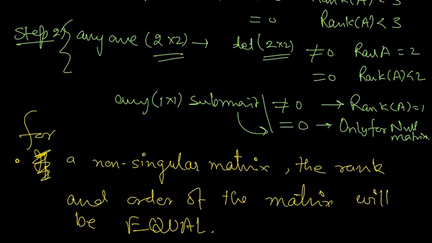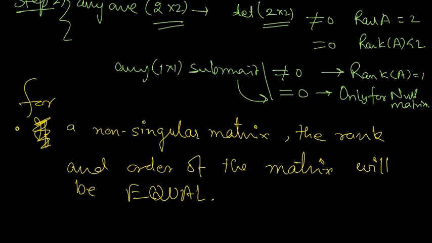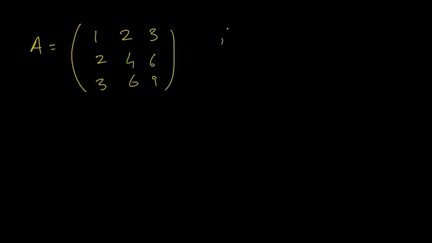Okay, let's do a quick question here. Let's take a general matrix A. Let me write the matrix very simple for you: 1 2 3, 2 4 6, 3 6 9. If you find the determinant of this 3 cross 3 matrix, you will get 0. Just do it, you will get 0.